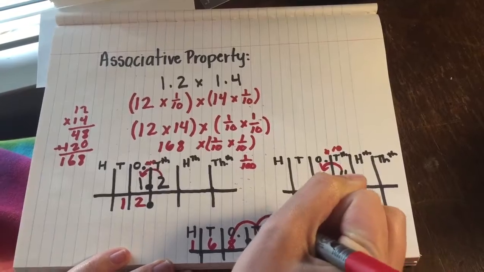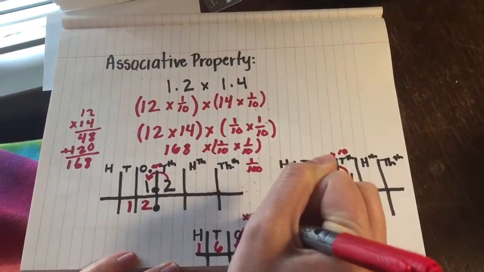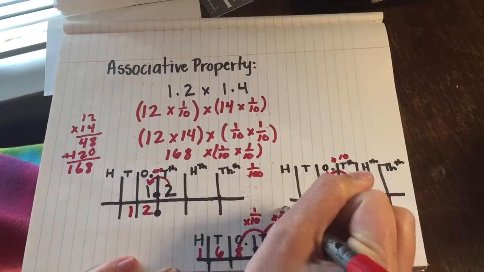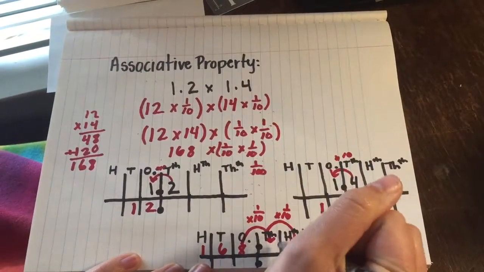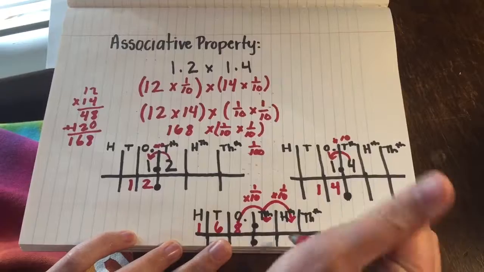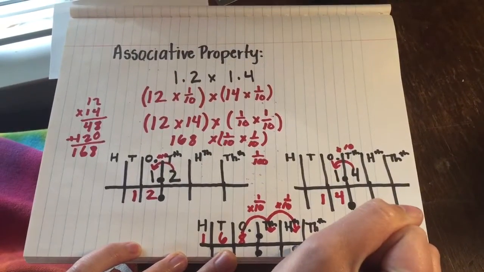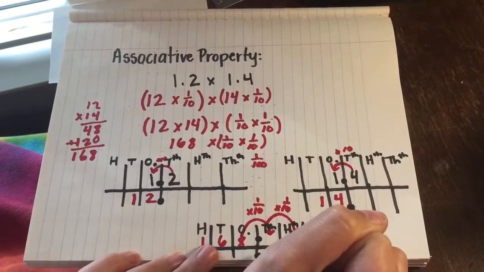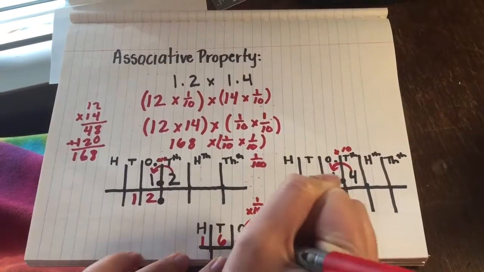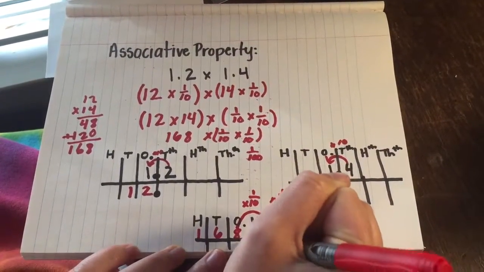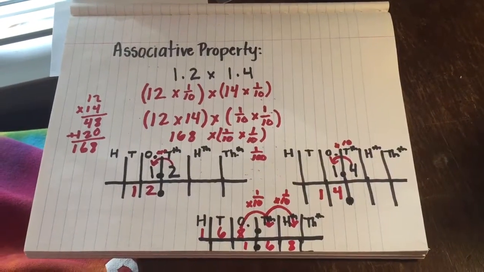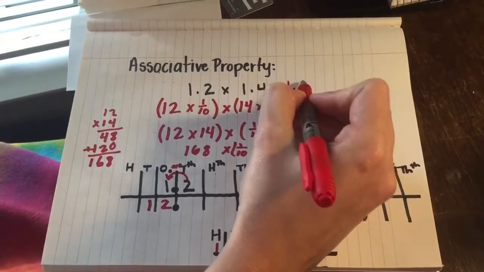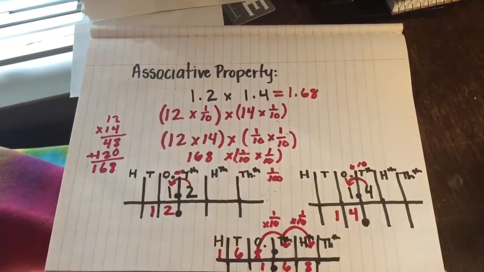And if I multiply it times 100th, so times 1/10 times 1/10, that's going to give me my new number. So my new value, my 8, would be in the hundredths place. My 6 would move to the tenths place, and my 1 would move to the ones place. So now my answer, once again, would be 1 and 68 hundredths.